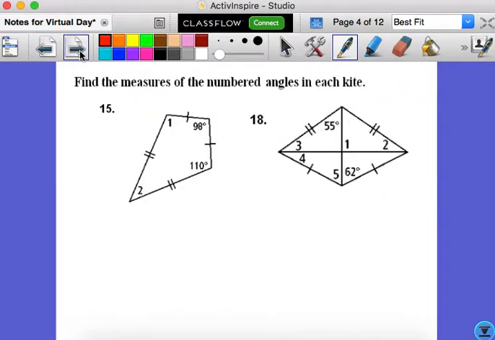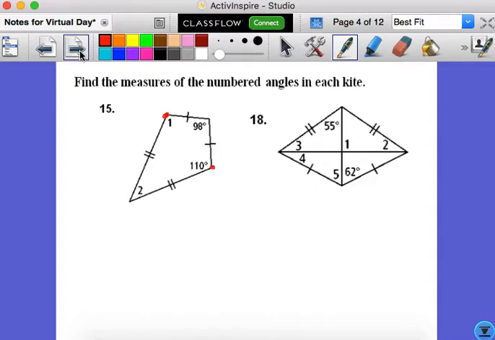As far as kites go, we're typically going to see pictures that either look like 15 or 18 that you see here. So one thing that we want to also remember is that kites, because they're four-sided, all of their angles have to add up to 360. And angle 1 and this angle here will always be the same.